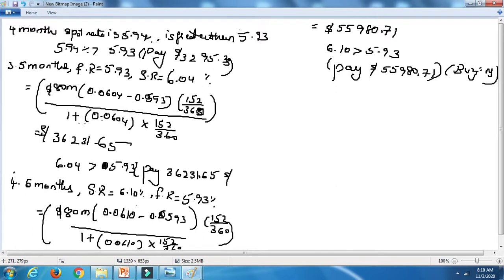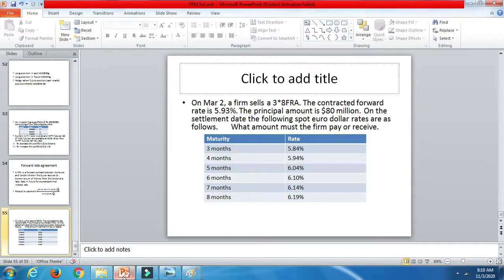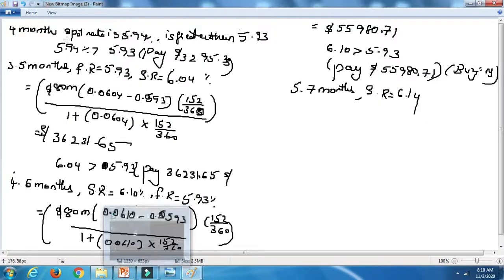So the next one, the fifth one, is 7 months. The spot rate is how much? 6.14. The forward rate is 5.93%.